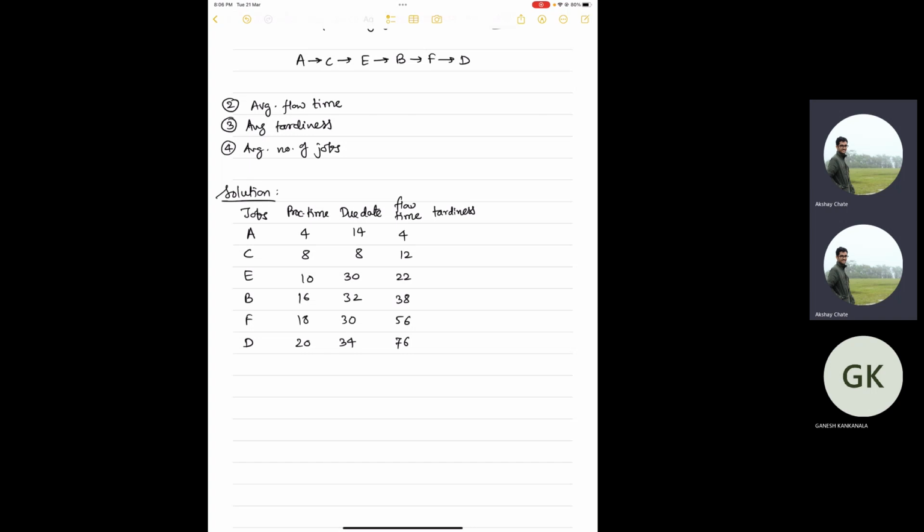Yeah, but you would have started C already, right? Because on the fourth day your A will be finished, and for 1 day you will be doing C. Yes, sir. So it's better to start at the end of the fourth day.